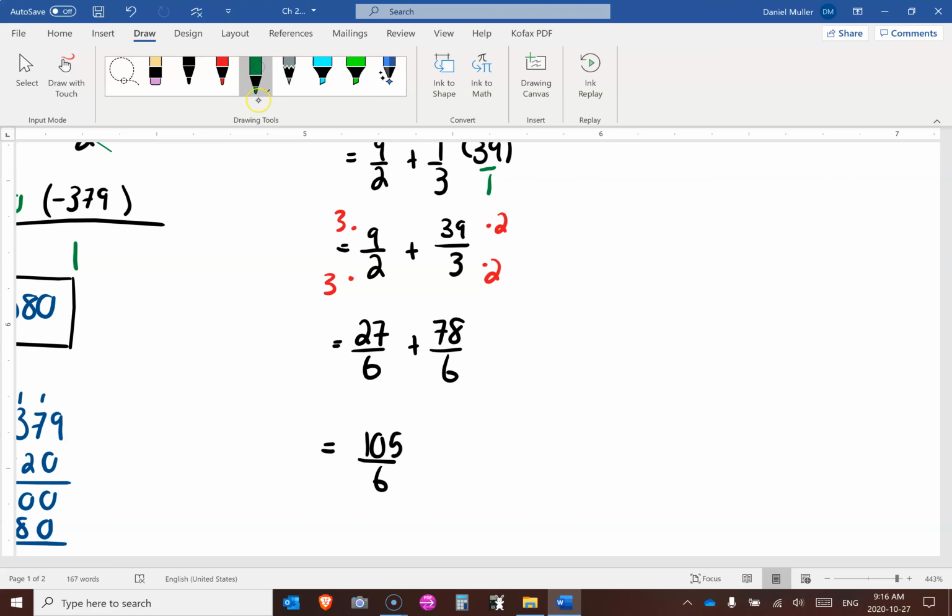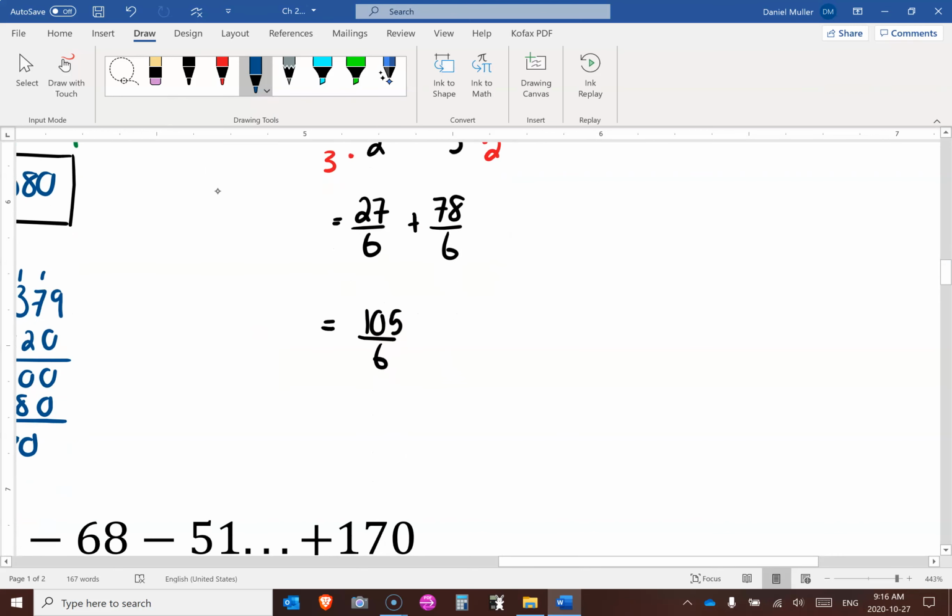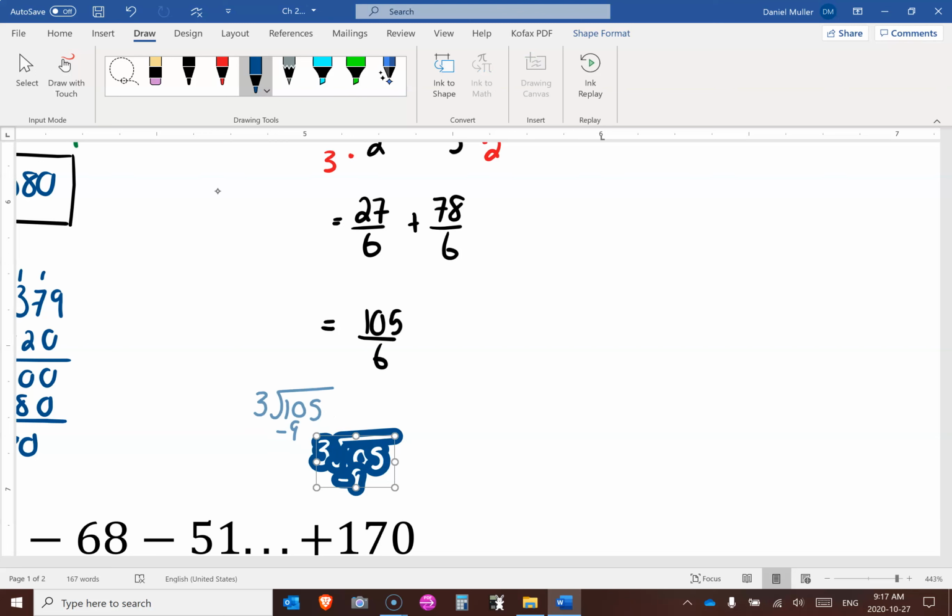And I don't know if that can be simplified. I feel like 3 can be divided into that, but I don't know. I don't think 6 can. But maybe 3 can. So does 3 go into 105? 3 goes into 10 3 times, which is 9. 1.